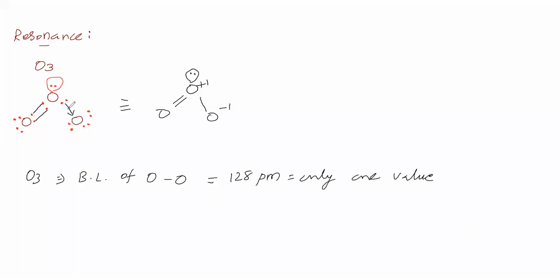Only one value means the left side bond and right side bond should have the same nature. Then only can we say this bond length and this bond length remain the same. The experiment says that the bond length in ozone is only one value, that is 128 picometer.